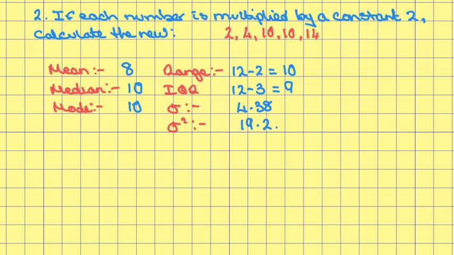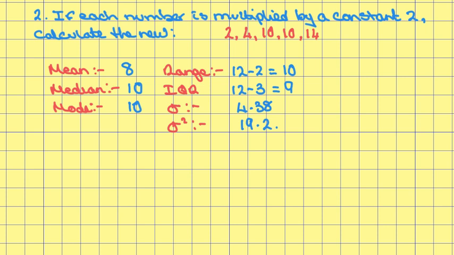Well, the mean, median, and mode have all been doubled. You would expect that because each value is now twice as big. So the total will be twice as big, divided by the same number of pieces of data, so the mean would be twice as big.